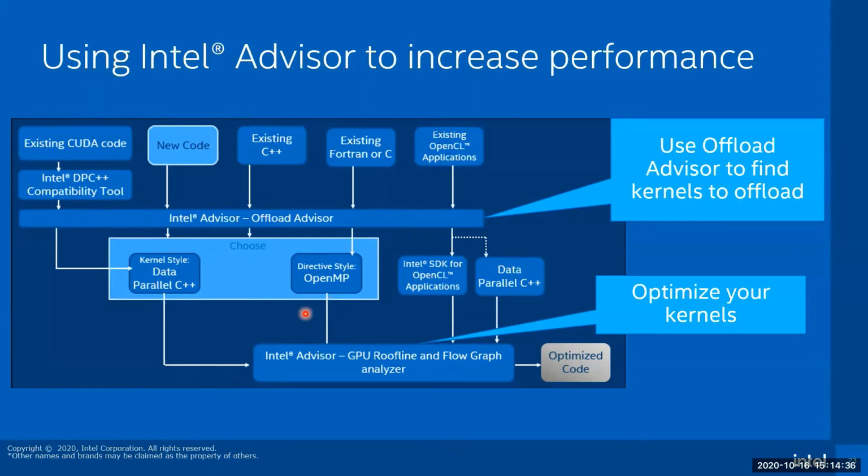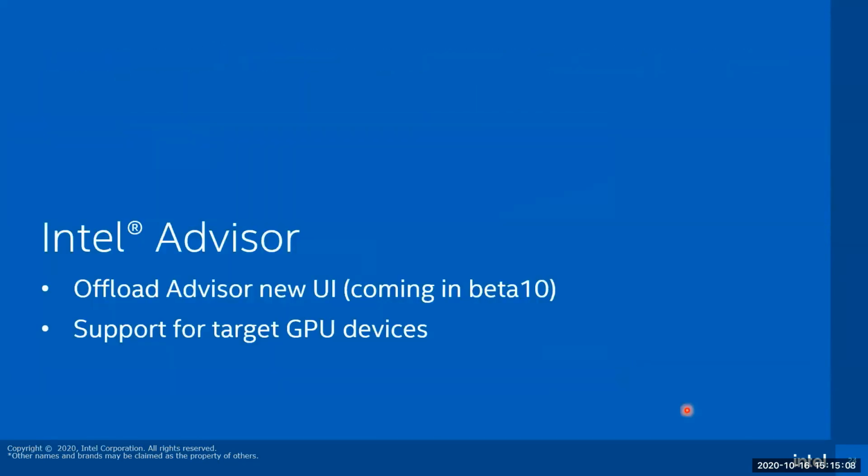And once you have identified those and created those kernels, you can use the roofline model for analyzing them and to understand the main limits in the current architecture, or make projections for other architectures, maybe not necessarily available at the moment, and to find out what the limits are and how to improve the kernels for that architecture. So that's why we have two types of analysis in Advisor, the offload and GPU roofline.